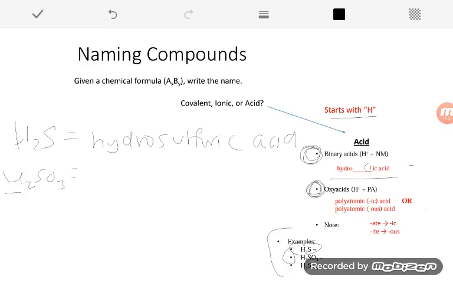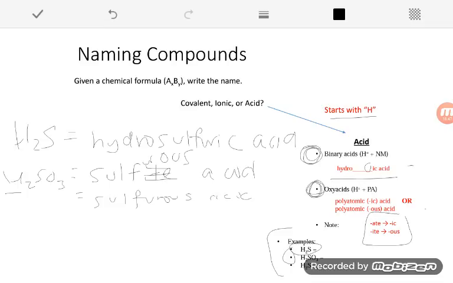So SO3, that is sulfite, and then the word acid. And then I think about how I'm going to change that. So sulfite acid, I'm going to cross out ite and replace it with ous. Now, because it's sulfur, we also sort of make it sulfurous acid. So this is going to be sulfurous acid.